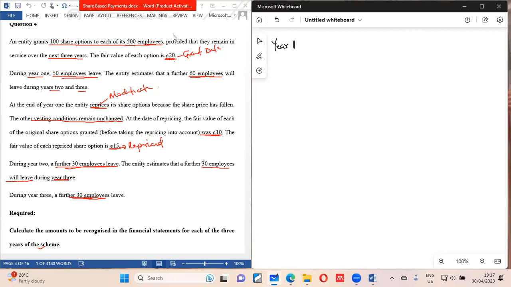I'm going to ask you to give me the number of employees who will vest. So what we normally do, the number of employees we are estimating to vest, and you give me the number of options, then the pricing. So let me put here equity, which is the OCE. Then let me put here the expense.